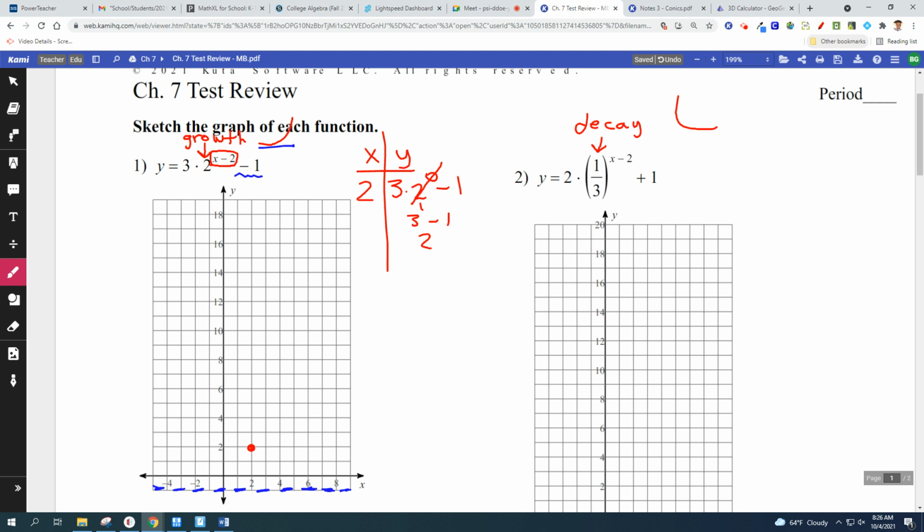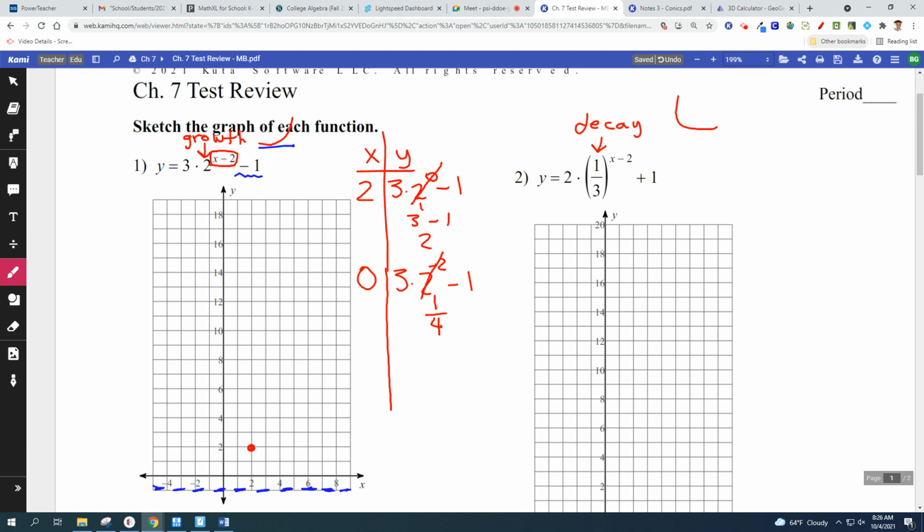Okay, you can plug other stuff in. If you plug in 0, a lot of the time 0 is an easy number to plug in, but I don't know that that's going to be the easiest thing in the world in this case. If I plug in 0, 0 minus 2 is -2, and that's going to turn it into a fraction. 2 to the -2nd, you've got to flip it and square it. That's going to be 1/4.